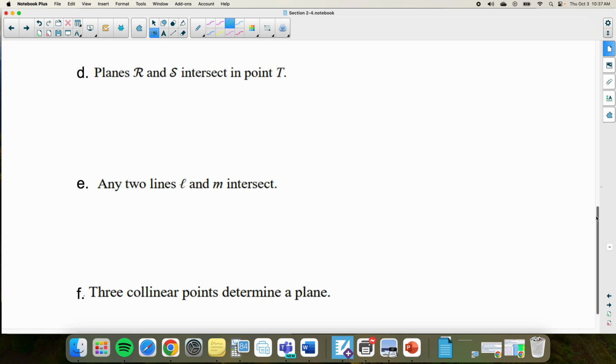Okay? Here it's talking about 2 planes and they intersect in point T. Here's a plane, the ceiling's a plane. Where they intersect, is it a point? What is it? A line. So this again would be never. Okay.